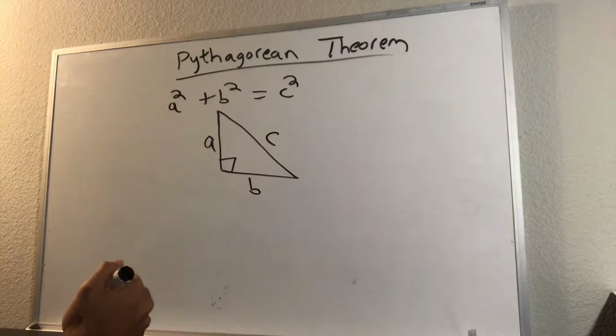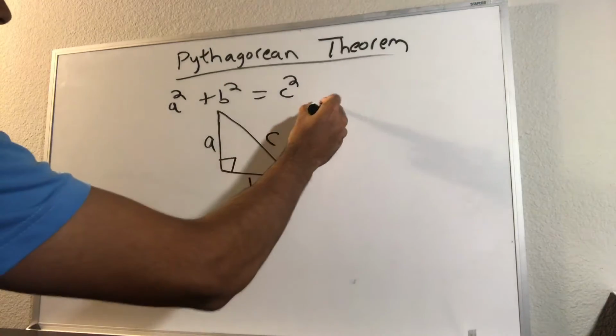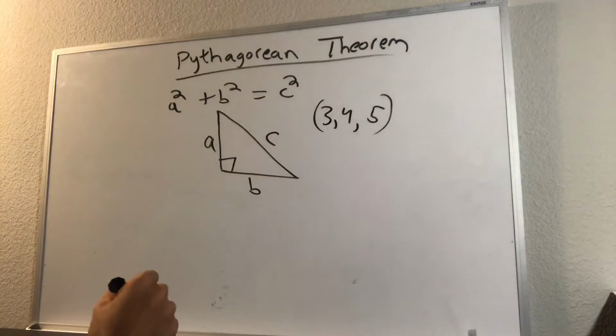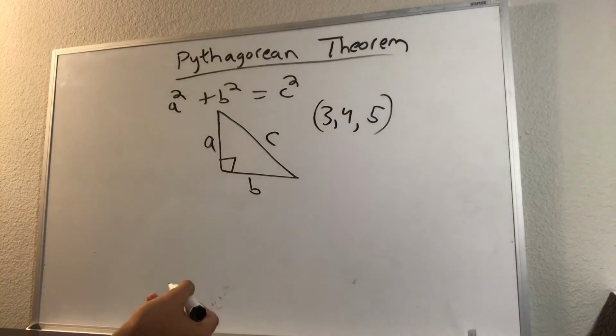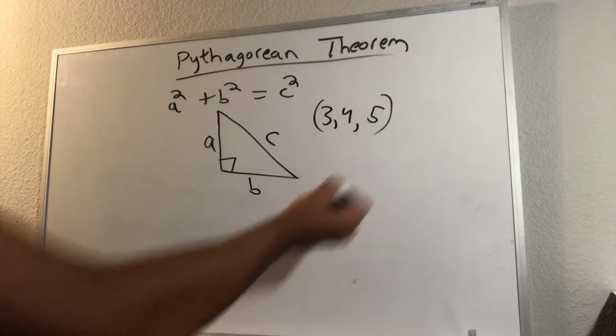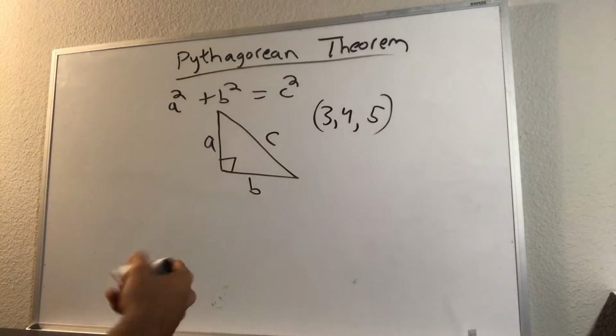And really any values that satisfy this theorem are known as Pythagorean triples. For instance, 3, 4, 5 is a Pythagorean triple. Why? Because 3 squared is 9, plus 4 squared, which is 16, gives us 25, and 5 squared is 25. Therefore, this is a Pythagorean triple.